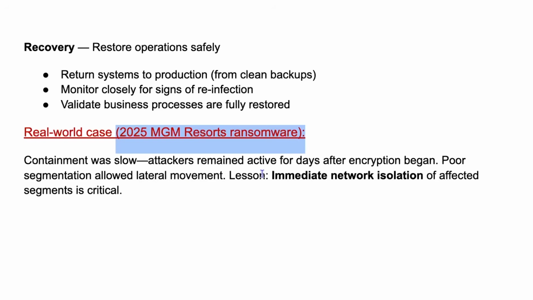Make sure that your networks are segmented. The network segmentation is so key. Make sure that critical systems that hold critical data are segmented. Make sure that network isolation is done immediately. Containment is done immediately to prevent the spreading of that ransomware from taking place.